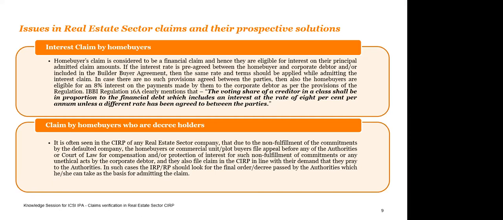You are absolutely right, and that is what I also covered. If it comes under the purview of a financial claim, as mentioned in the code, it always comes under the financial claim.